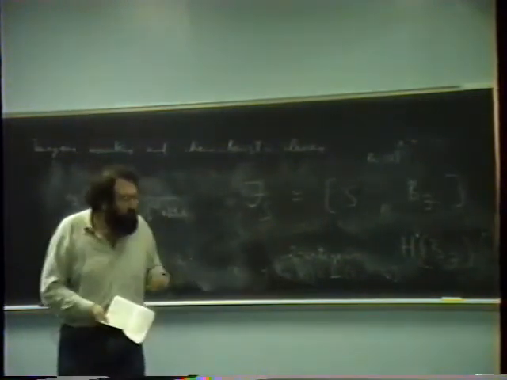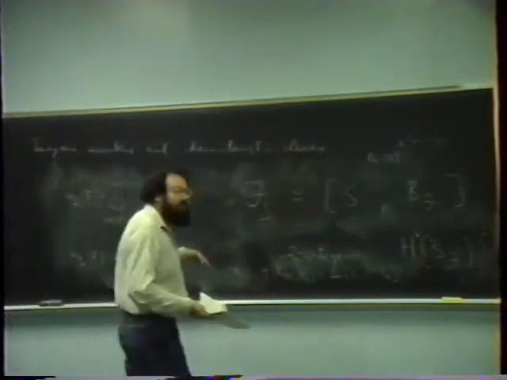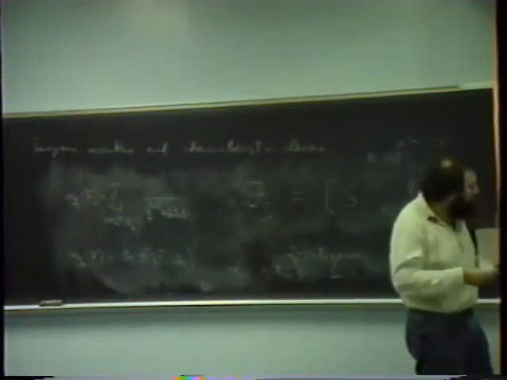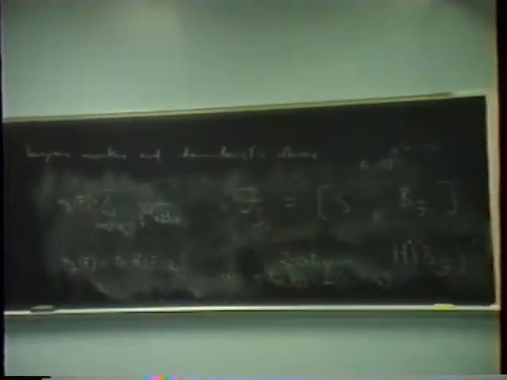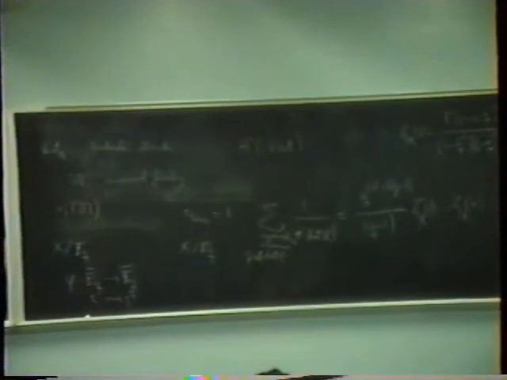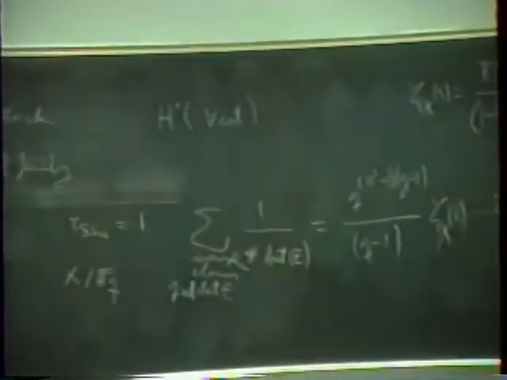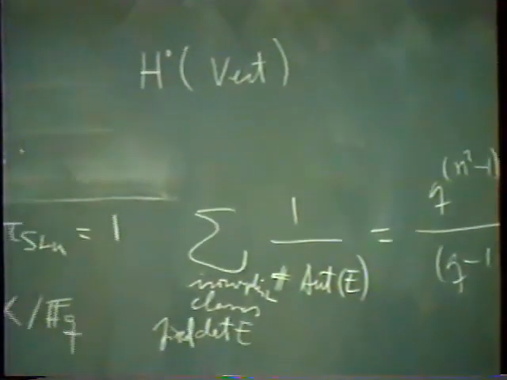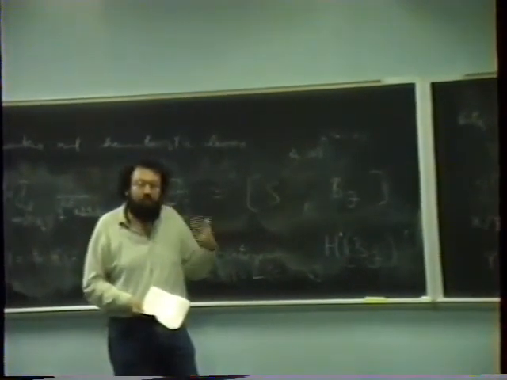What's going to happen in our situation is that divisors will provide us with a similar model. So we are able to compute this cohomology essentially by showing that it coincides with the cohomology of the divisors. And the reason that's good is because we know what the Betti numbers of the divisors are.